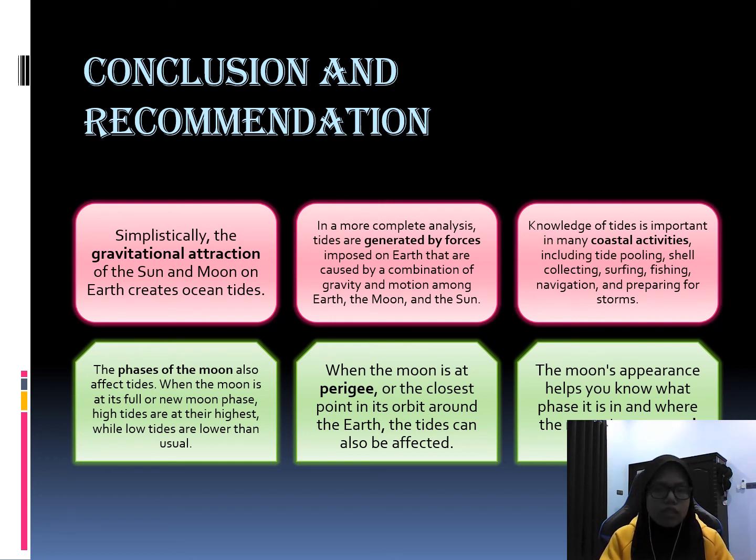So simplistically, the gravitational attraction of the Sun and Moon on Earth will create the ocean tides, or the different sizes of the tides. So in a more complete analysis, tides are generated by forces which are imposed on Earth that are caused by a combination of gravity and motion among the Earth, the Moon, and the Sun.